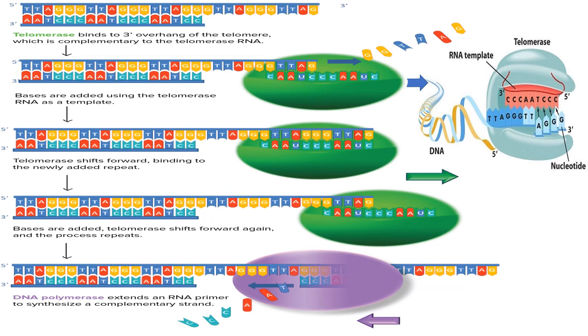So the shortening of the telomeric end is prevented by a specific enzyme called telomere terminal transferase, or telomerase. Basically, it is a ribonucleoprotein that adds a species-dependent telomere repeat sequence to the 3' end of the telomere.